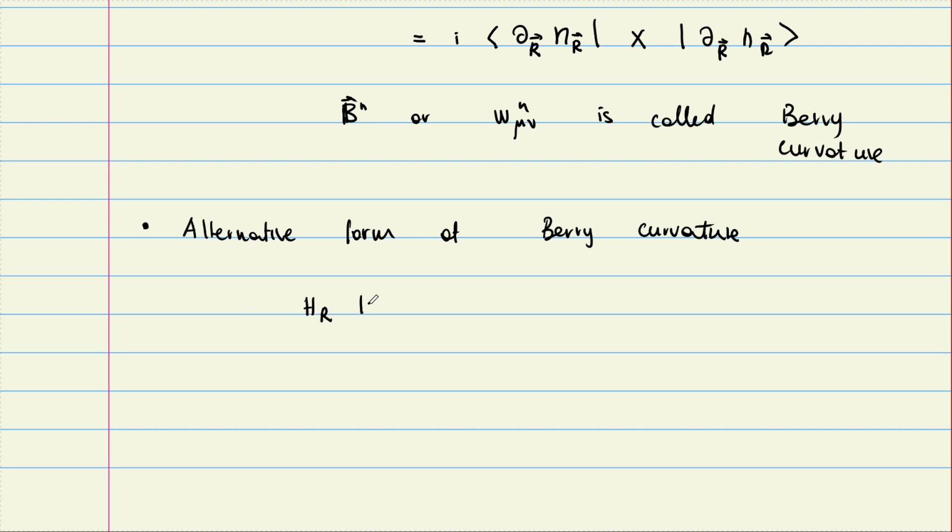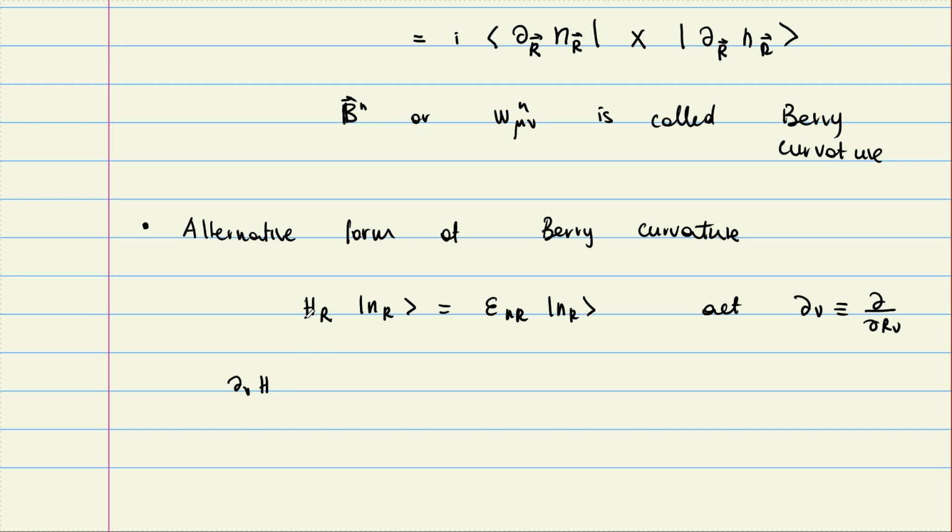H of R, n of R is equal to epsilon n of R, n of R, and act with del mu, which is short for del over del r mu. Now we can act on here or there, and there will be 4 terms in each side. Let me spell that out. So this is del mu h, and let me also not write r, because we know h is r dependent.